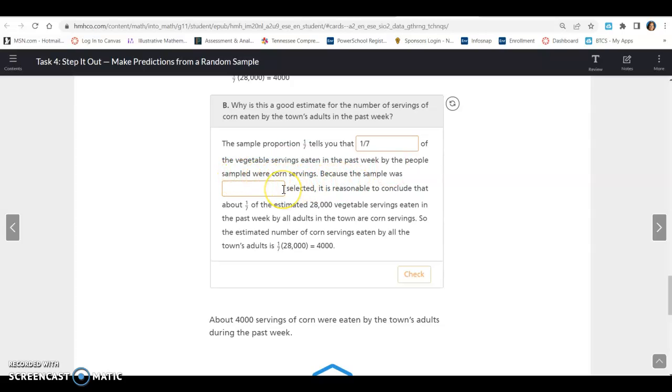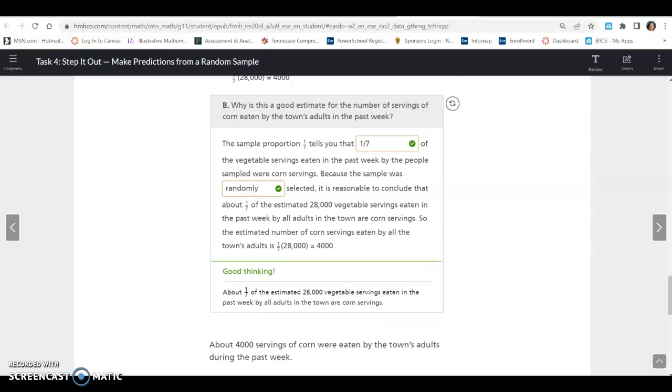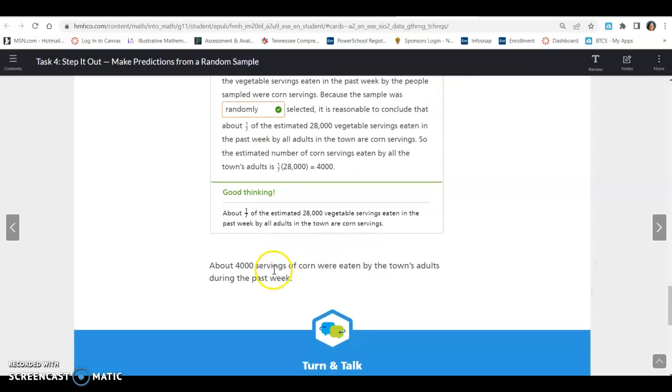Because the sample was randomly selected, it is reasonable to conclude that about 1/7 of the estimated 28,000 vegetable servings eaten in the past week by all adults in the town are corn. So the estimated number of corn servings eaten by all the town's adults is about 4,000. So it says about 4,000 servings of corn were eaten by the town's adults during the past week.